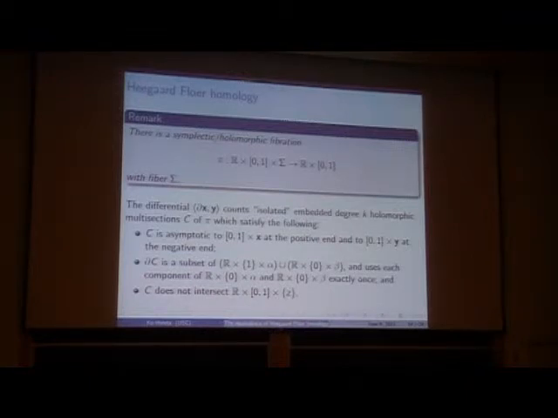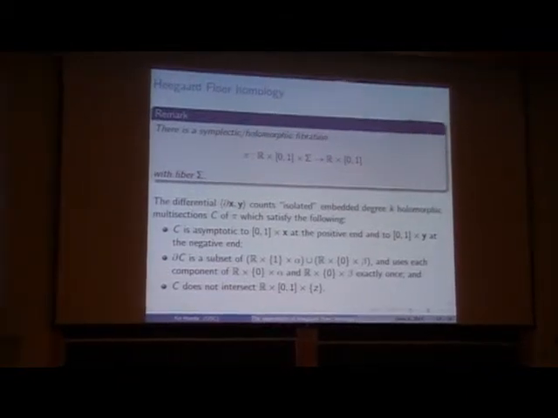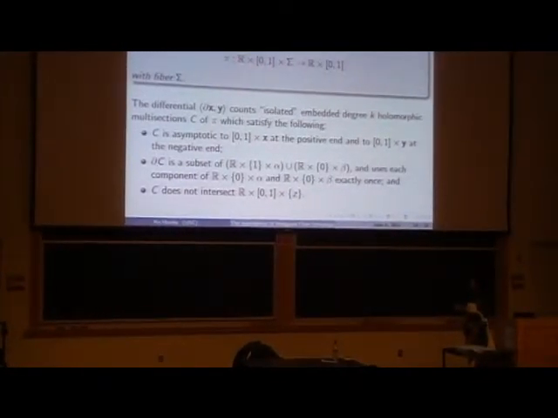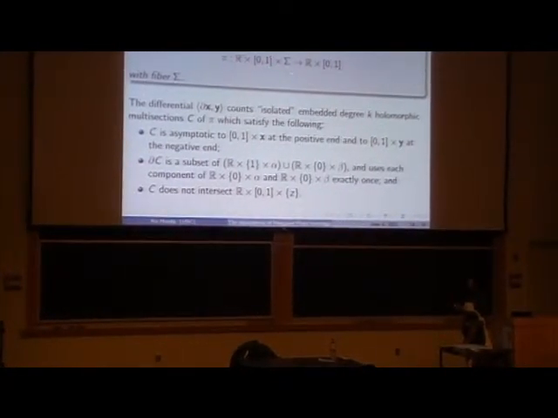You have R in this direction, and this is the [0,1] direction. And over each point you have a fiber which looks like sigma. So you have R cross [0,1] cross sigma over R cross [0,1], and these first two coordinates are holomorphic, and you think of this one as holomorphic too.